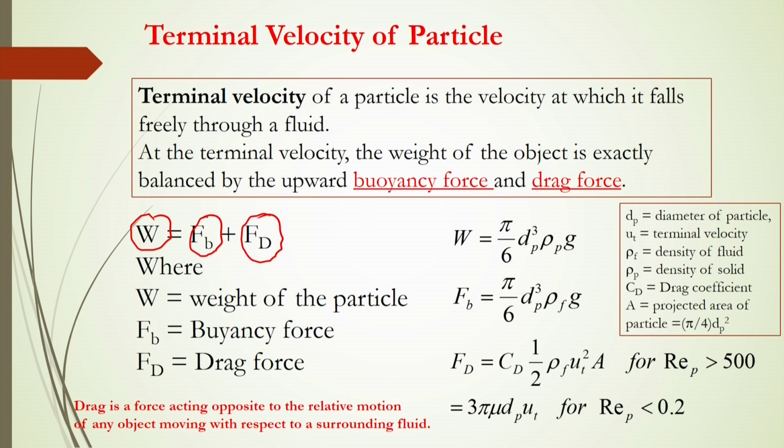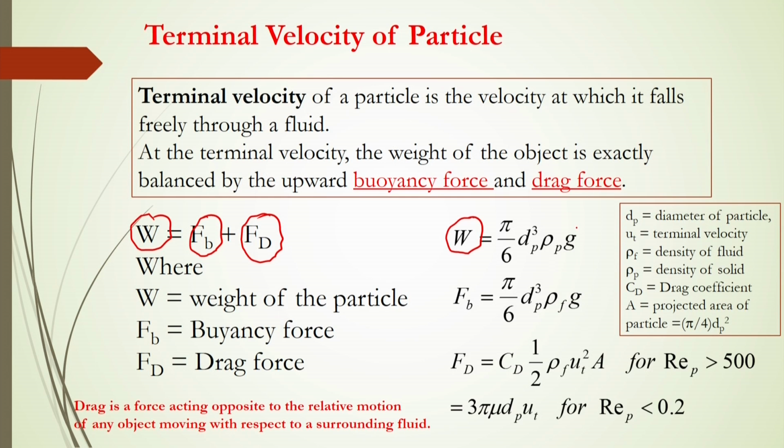What is drag here? Drag is nothing but a force acting opposite to the relative motion of any particle moving with respect to the surrounding fluid. Now, how to calculate the weight of the particle W? The weight is nothing but mass into gravitational acceleration. To calculate mass, we need the volume of the particle.